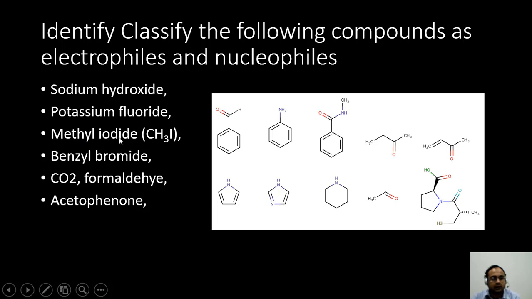Similarly, methyl iodide has a carbon-iodine bond, and because of the electronegativity difference, the carbon has a partial positive charge and it acts like an electrophile. Benzyl bromide similarly is an electrophile. CO2, formaldehyde, and acetophenone are all examples of electrophiles.